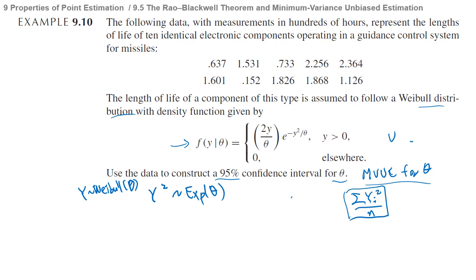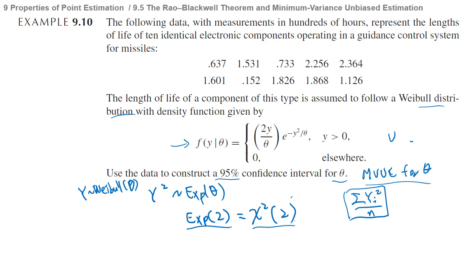Also, we want to use a known distribution that makes it easy to find probabilities. The other thing to note is that the exponential distribution with parameter 2 is actually equal to the chi-square distribution. One useful thing to know is that the exponential distribution with parameter 2 is the same as the chi-square distribution with 2 degrees of freedom.